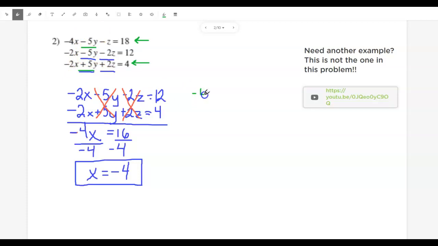So negative 4x minus 5y minus z equals 18. And negative 2x plus 5y plus 2z equals 4.